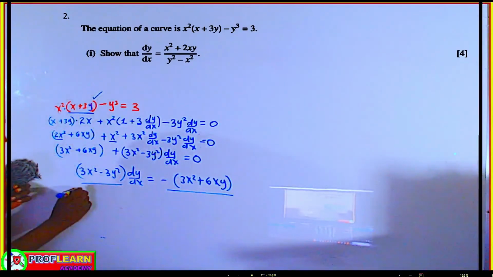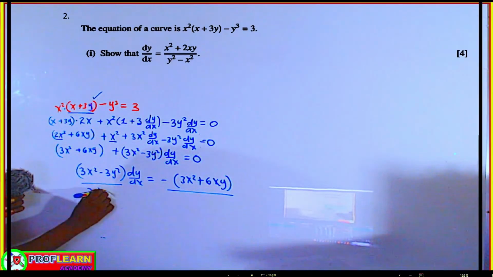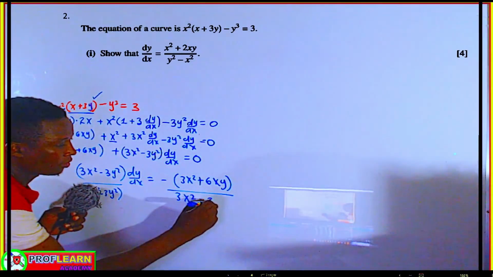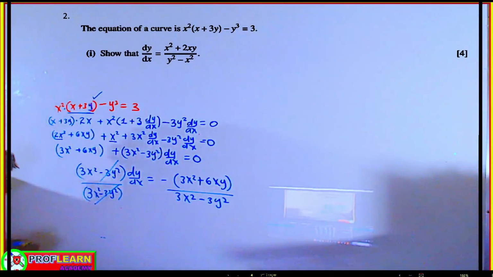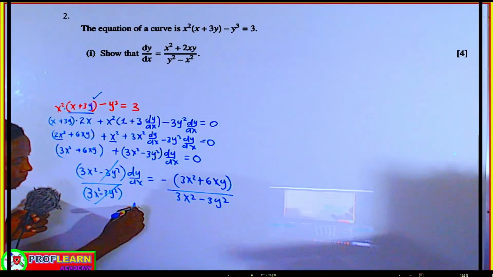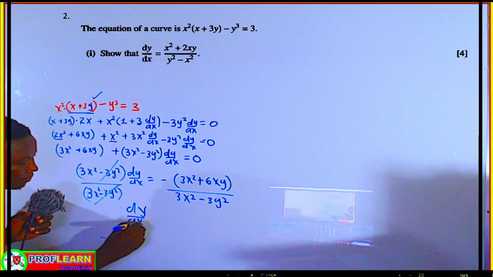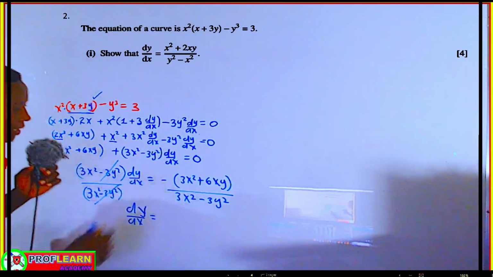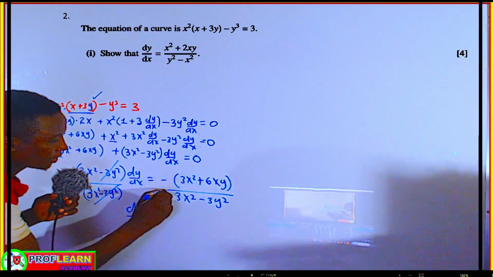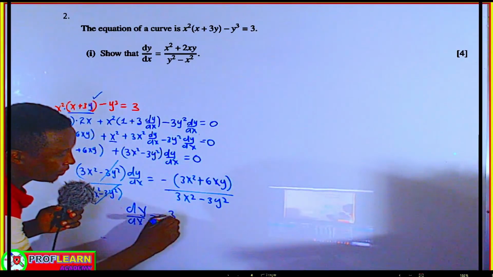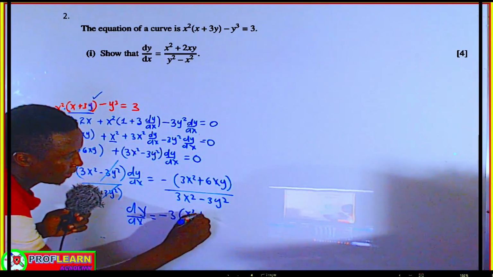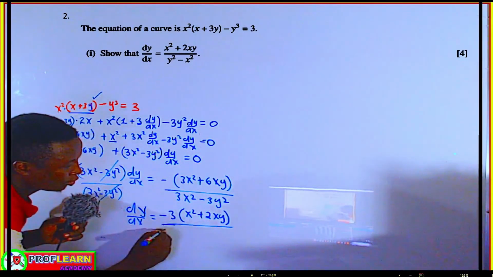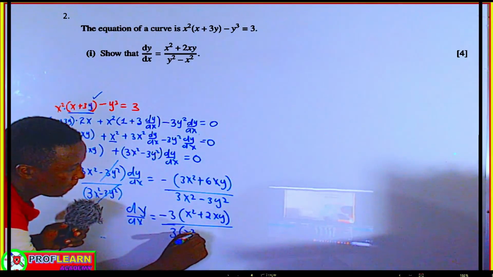We can divide both sides by 3x squared minus 3y squared, and this and this part will cancel out, and we remain with dy/dx equivalent to, I can factor out 3 in both numerator and denominator, and I end up having 3 into (x squared plus 2xy), and in the denominator I remain with 3 into (x squared minus.